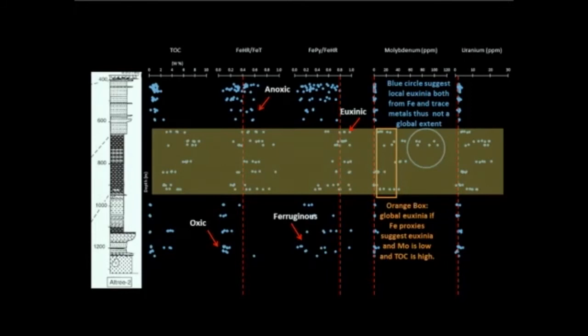I didn't want to bore you guys with boring chromatograms, but I'll tell you that I targeted areas that had high molybdenum because it's an essential nutrient for nitrogen fixation, and areas of high organic carbon just so that animals or fecal pellets were buried there, or just whole animals. And you also want areas that are above and below the euxinic transition so that you can have a comparison.